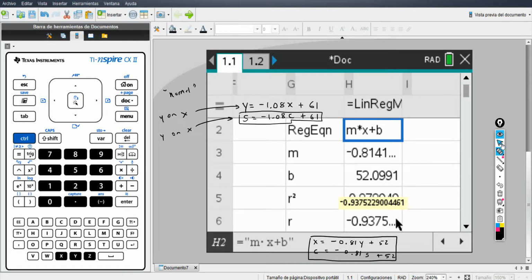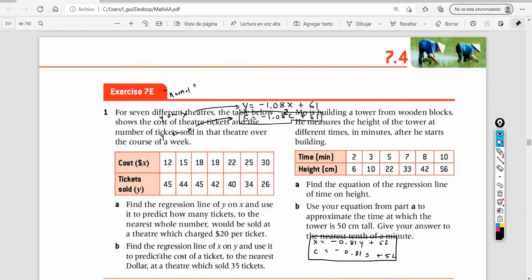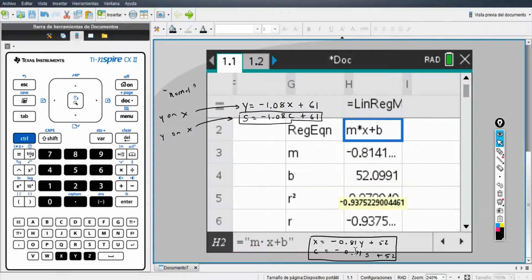And the book is asking you to make the following prediction. Predict the cost of a ticket if you sold 35 tickets. Okay, so basically I'm going to put in here 35 tickets sold, and I'm going to predict the cost. Okay, let's do it.